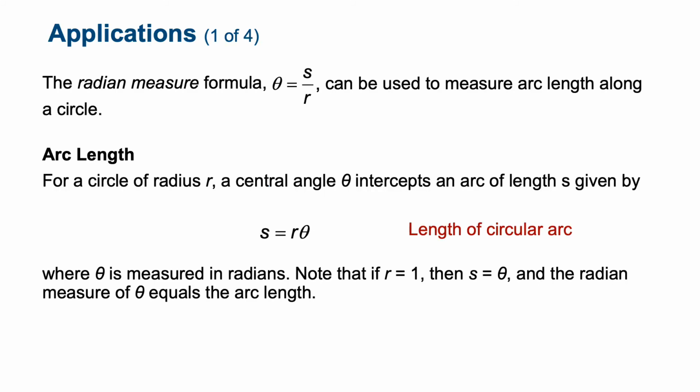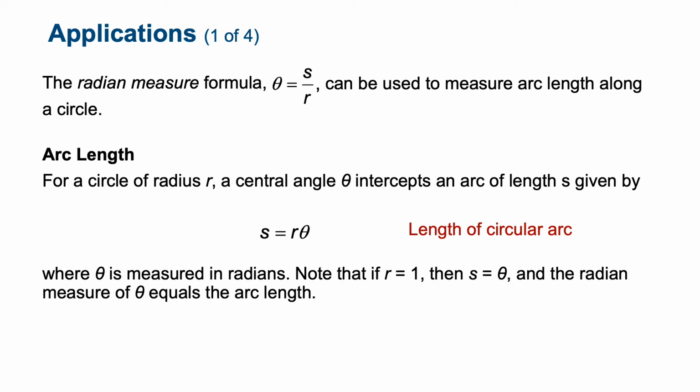Okay, so now some applications. You may or may not have homework problems on this, probably not, but I still want you to at least be exposed to these concepts, because we never know. This radian measure formula, theta is equal to S over R, we can use to measure arc length along a circle.